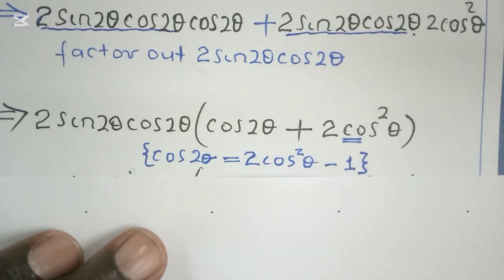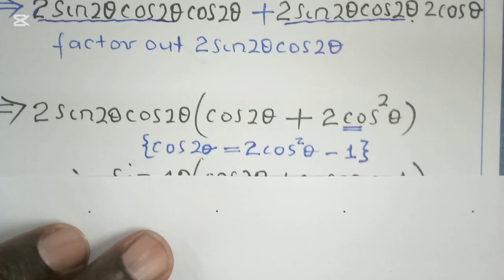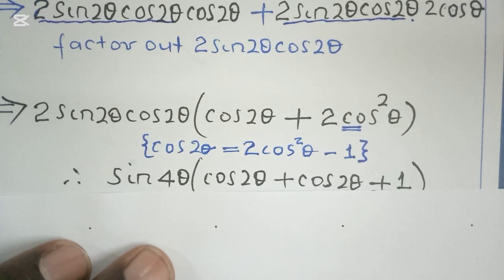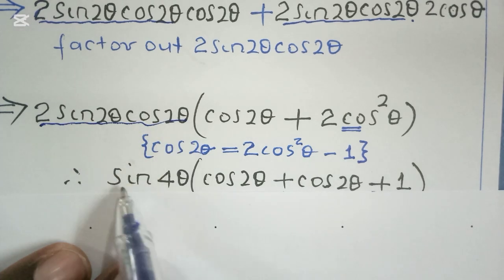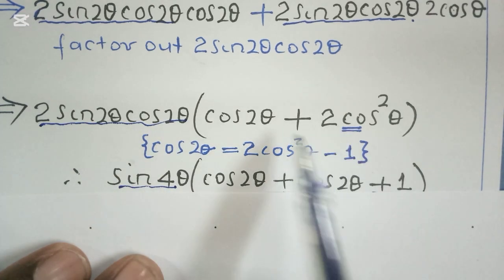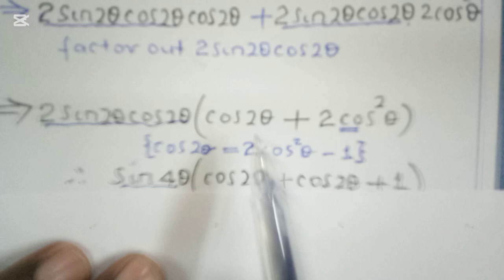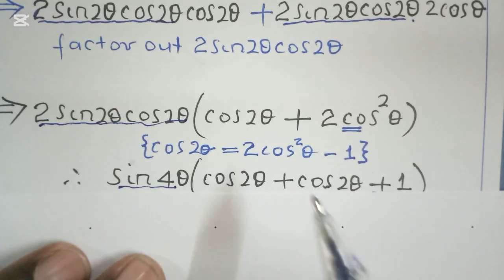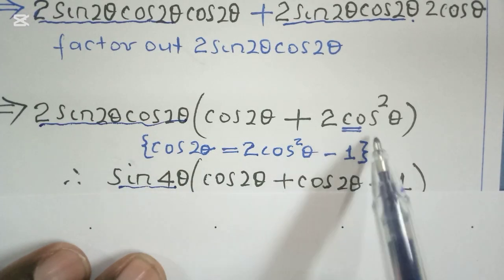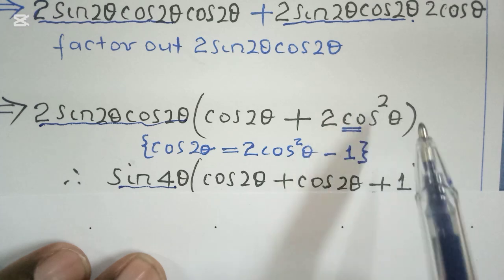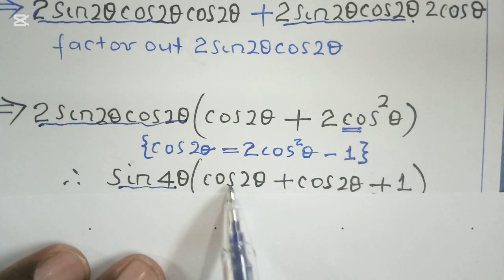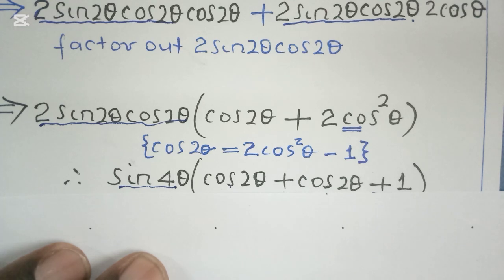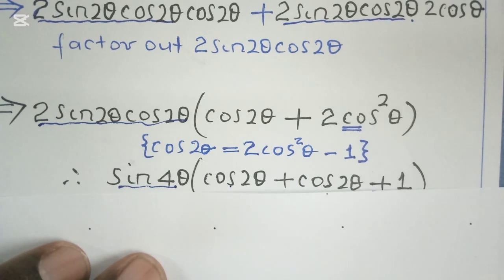And so guys, we can now come and write this sin 4 theta, which is here. And for this, you have cos 2 theta. And then we also have another cos 2 theta after replacing that. Now plus 1 here. So this is what you have, this and that. And so these ones become now 2 cos 2 theta.